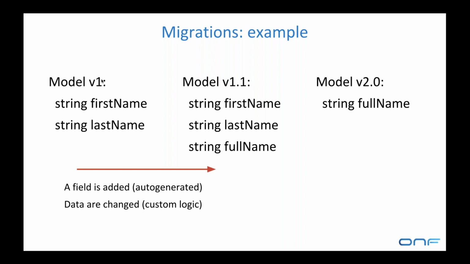If we go from 1 to 1.1, then our synchronizer will still work with both versions of the model, and the same when we go from 1.1 to 2.0. So that is really up to the developer to be careful and create incremental migrations so that multiple versions of the same service can be run at the same time. Does it make sense, David?